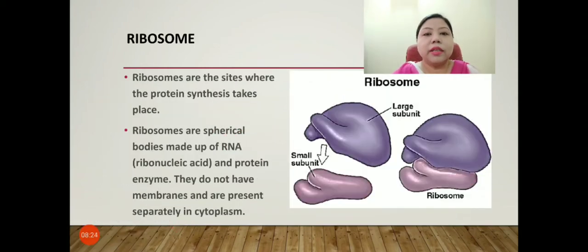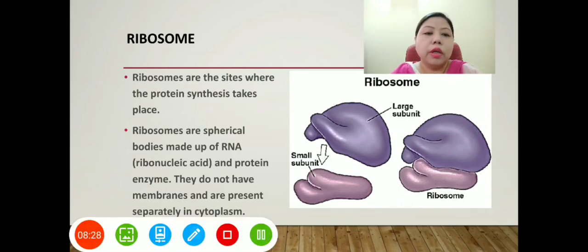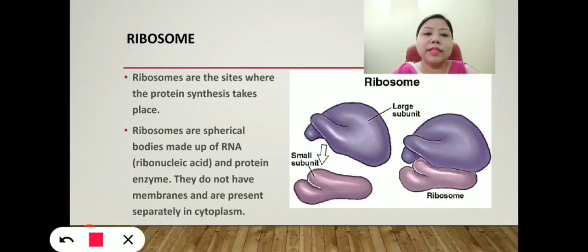Now the next type of cell organelle is ribosomes. Ribosomes are the site where protein synthesis takes place. That means production of protein takes place. We have already discussed that the endoplasmic reticulum to which the ribosomes are attached synthesizes protein. So the main site of protein synthesis is the ribosomes.